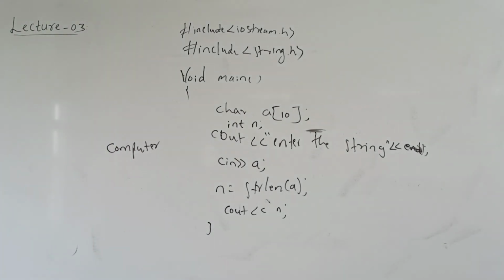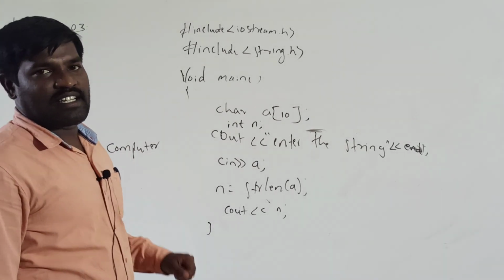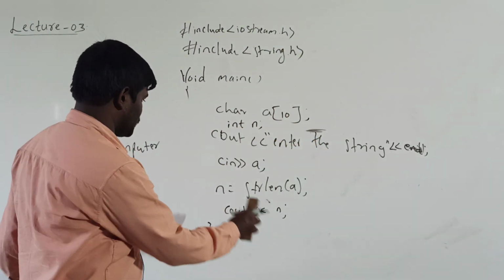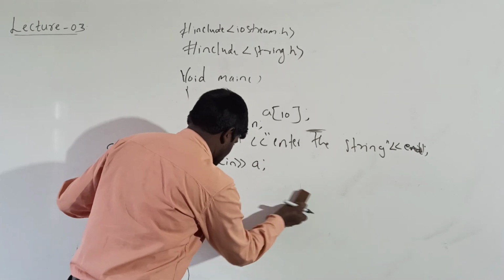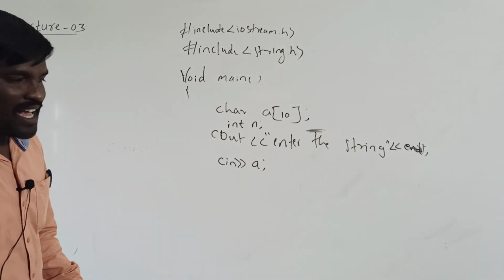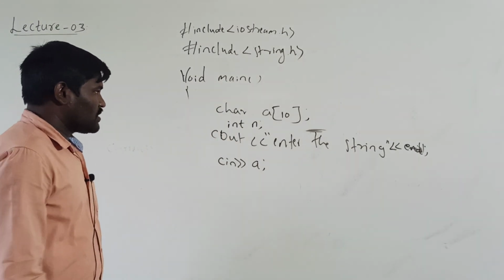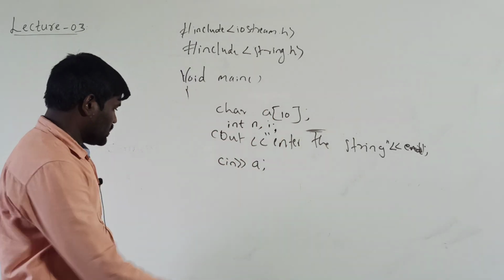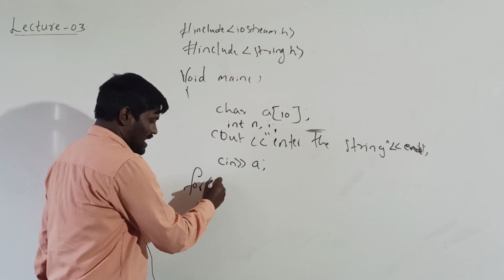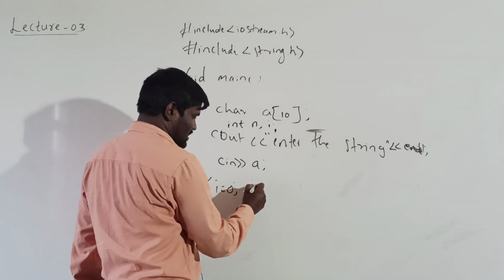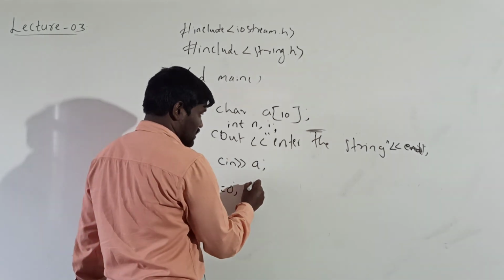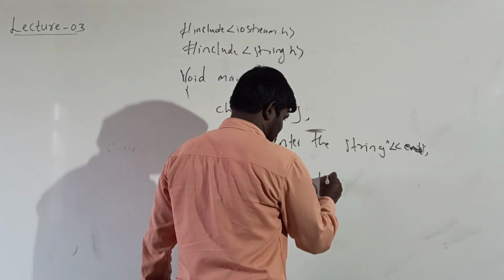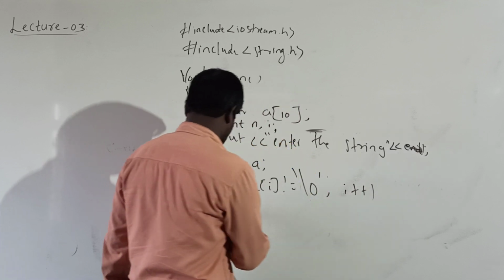Suppose we write the program without using the string handling function. See here, up to this much as it is. So I can declare i, for i is equal to 0, a[i] is not equal to the null character, i plus plus.